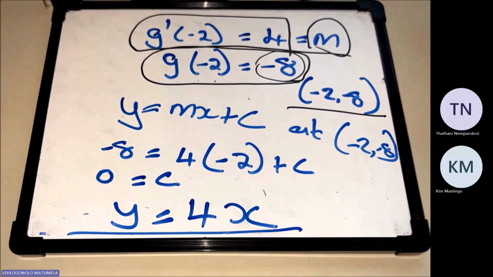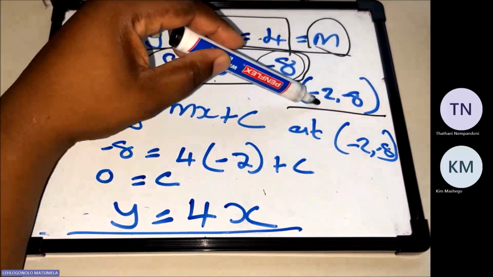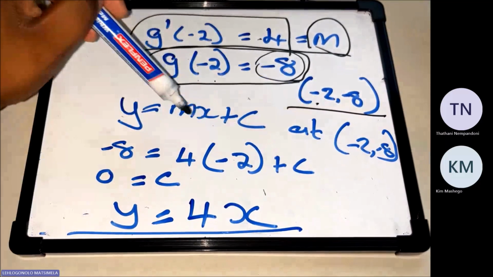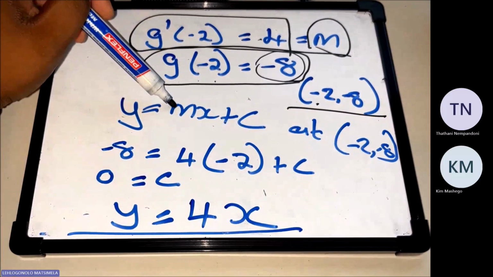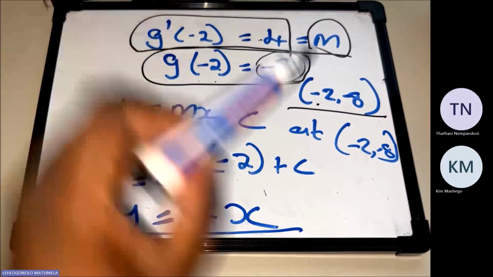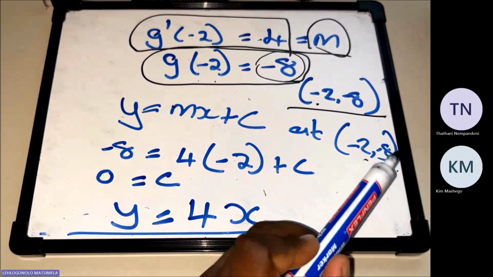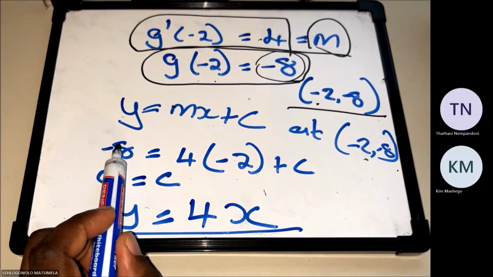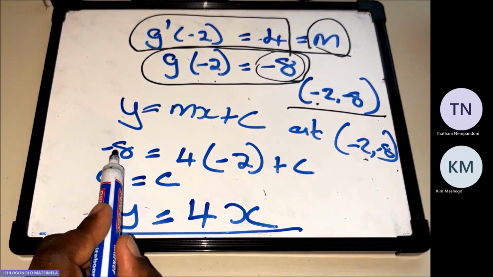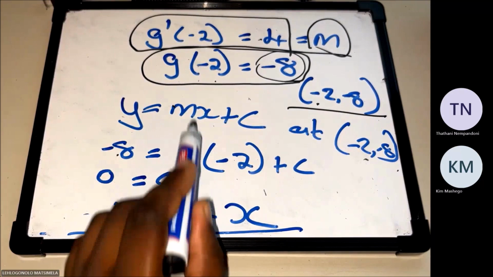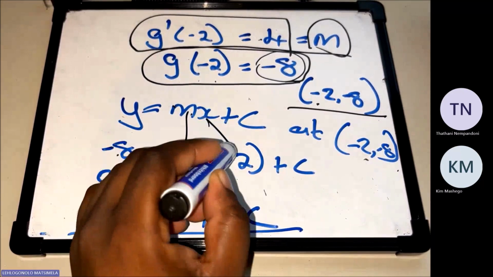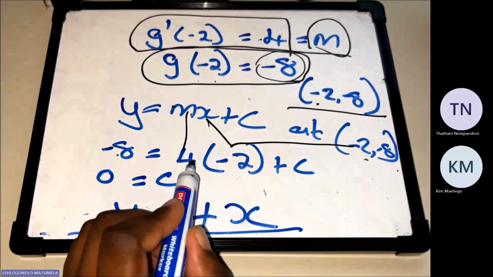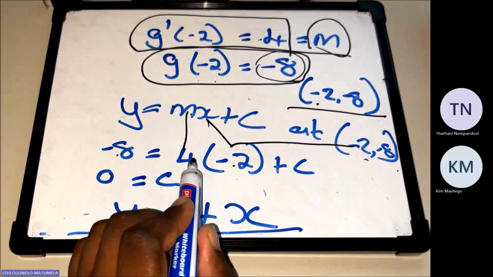And then what do we do now? We are having the gradient and we are having the point of contact in between the two graphs. And we can use our graph in the form of y is equals to mx plus c at point -2 and -8. And then what do we do? We substitute the values. So now when we substitute the value, -8 is y, 4 is m, then x it's -2, and then we will have 4 times -2, it's -8.